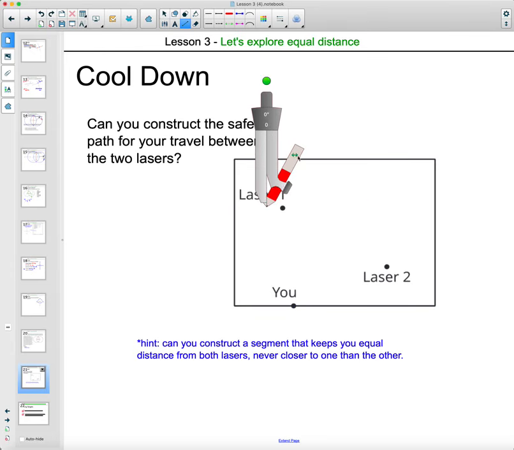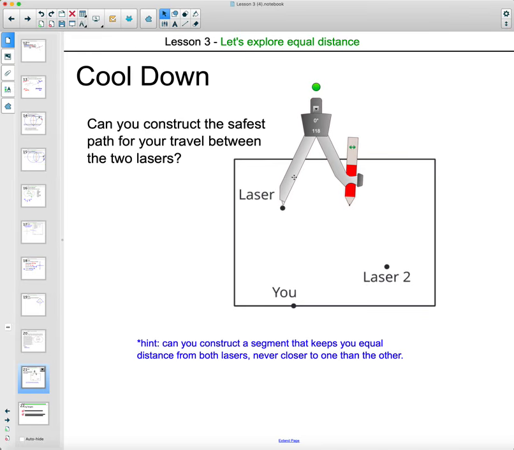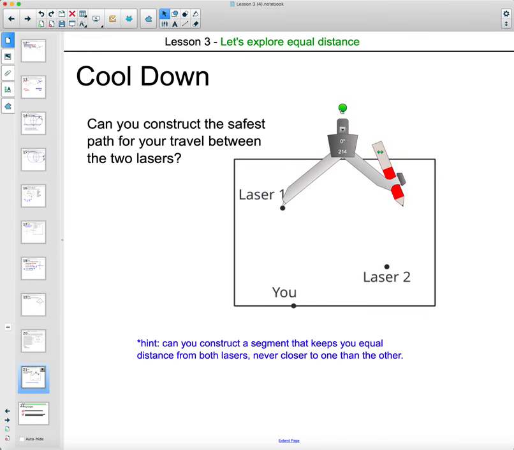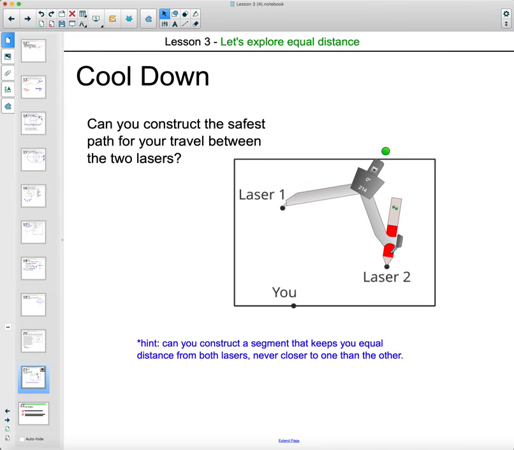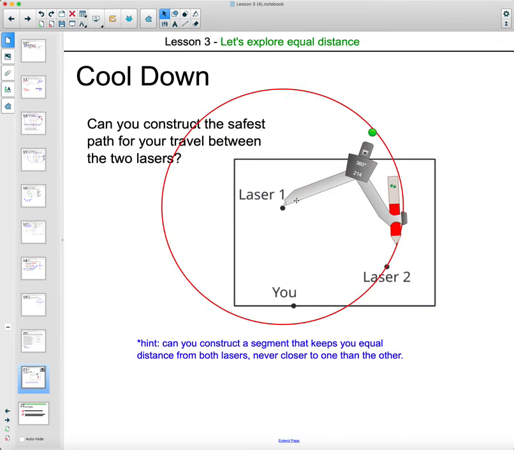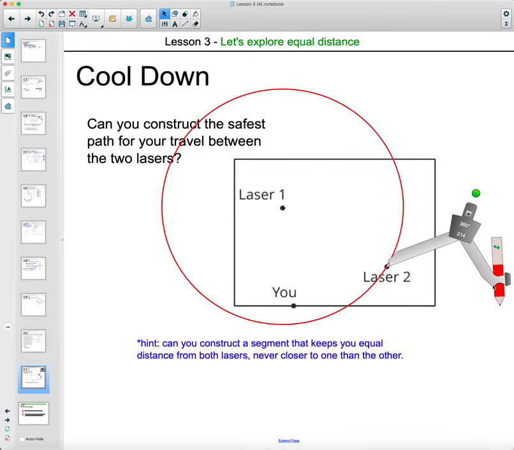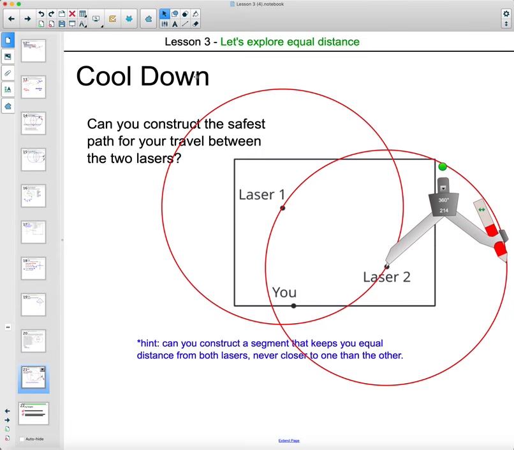So if you were to construct the perpendicular bisector between these 2 lasers, okay, so think of this as a segment, open your compass to the width between the lasers, draw a circle around each. This is the perpendicular bisector.